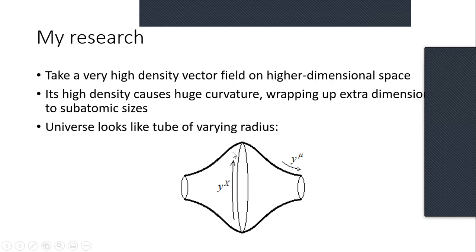So essentially, if this y mu is representing our usual 4 dimensions, 3 dimensions of space and 1 of time, then there are extra dimensions running perpendicular to it, orthogonal to it, which form a compact space, a closed space, where the curvature varies from one point in space to another. So in some places it's more compact, in other places it's less compact.